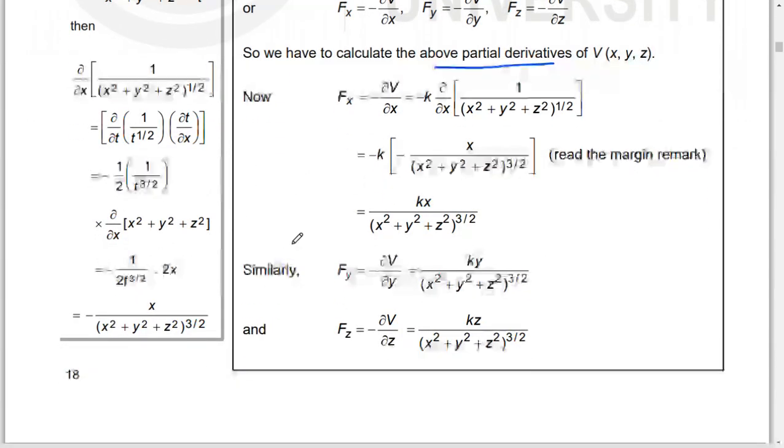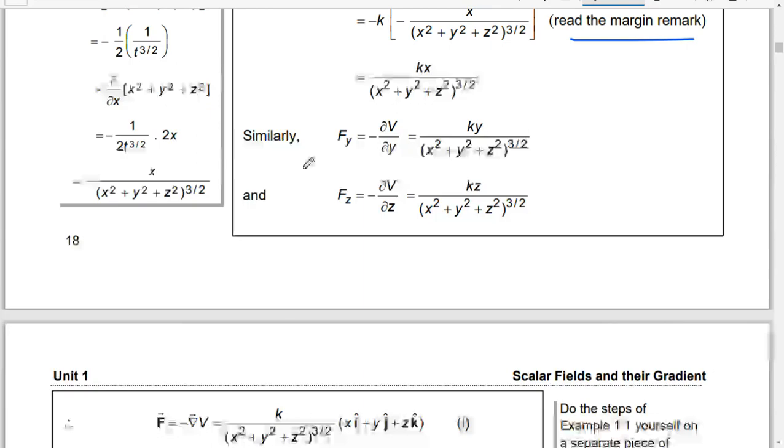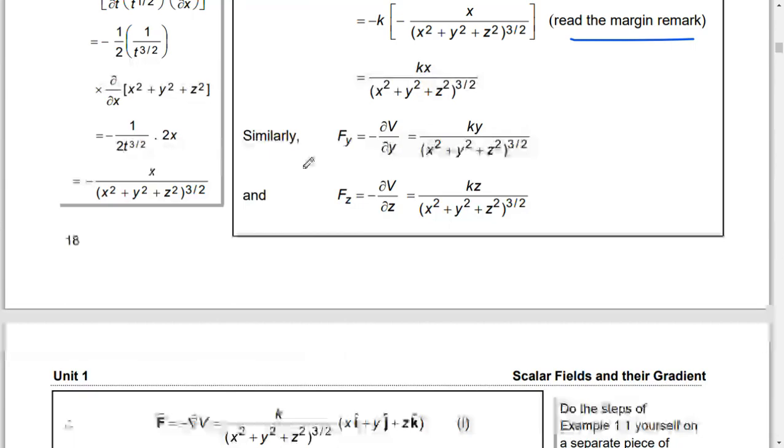Equal to kx by x square plus y square plus z square whole to the power 3 by 2. Similarly, Fy is equal to minus dV by dy equal to ky by x square plus y square plus z square whole to the power 3 by 2, and Fz equal to minus dV by dz is equal to kz by x square plus y square plus z square whole to the power 3 by 2.